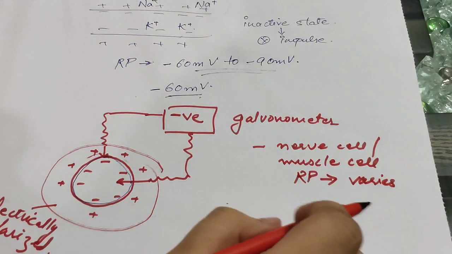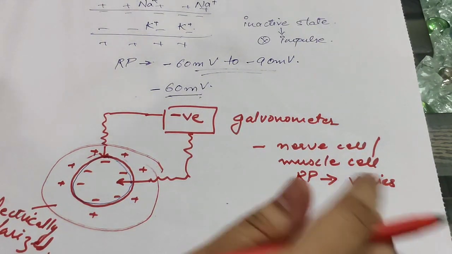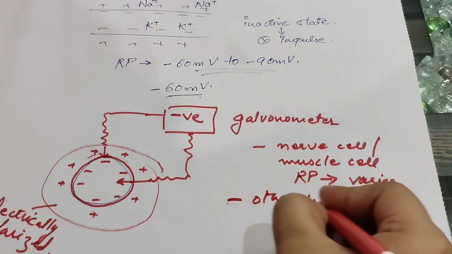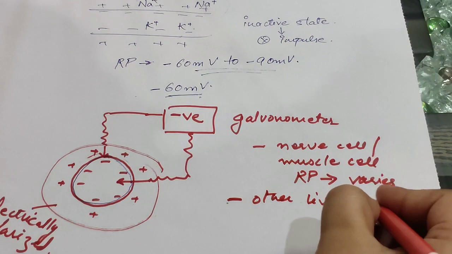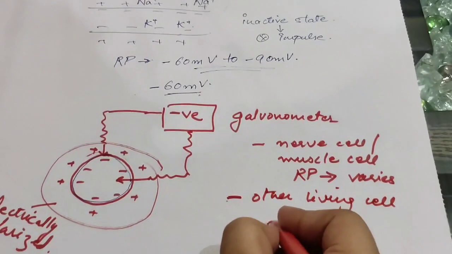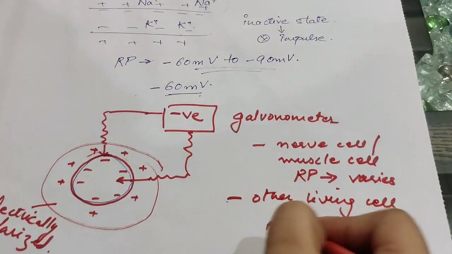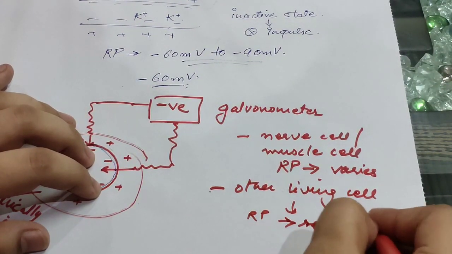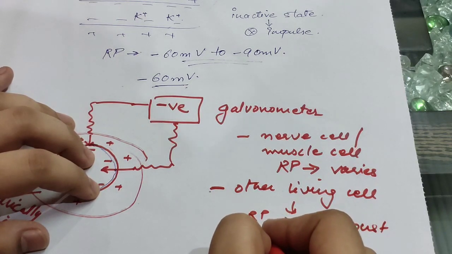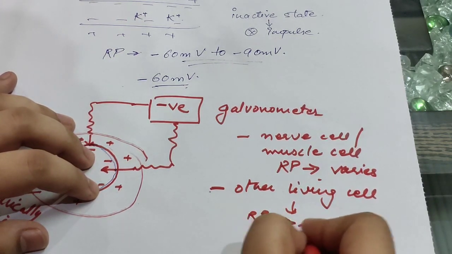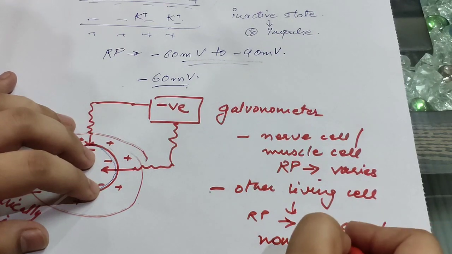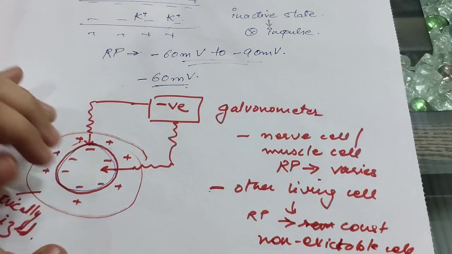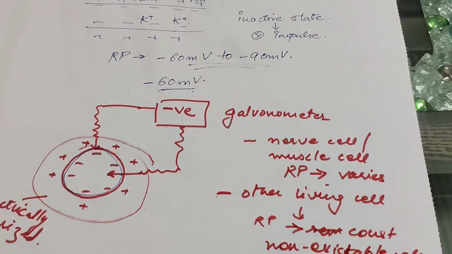So these cells are said to be excitable cells, whereas in the other living cells the resting potential remains constant. Those cells are said to be non-excitable cells. Now we'll proceed towards the action potential.